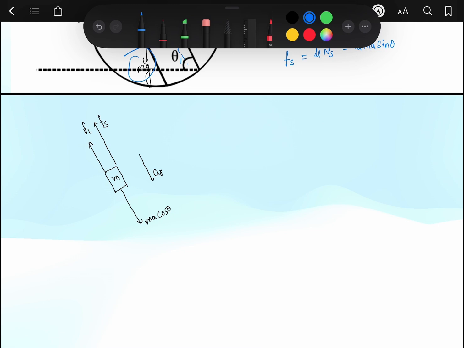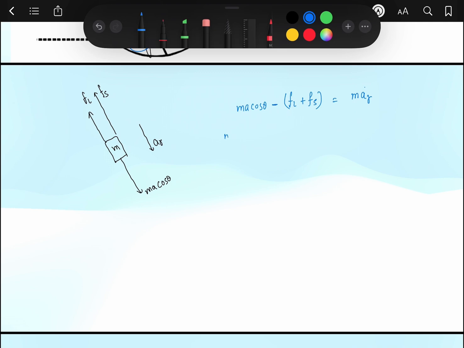Now I will write the equation of motion here: MA cos theta minus FL plus FS will be equal to the mass of this body multiplied by the acceleration AR. So this is our equation of motion, and we have to solve it for the value of AR.